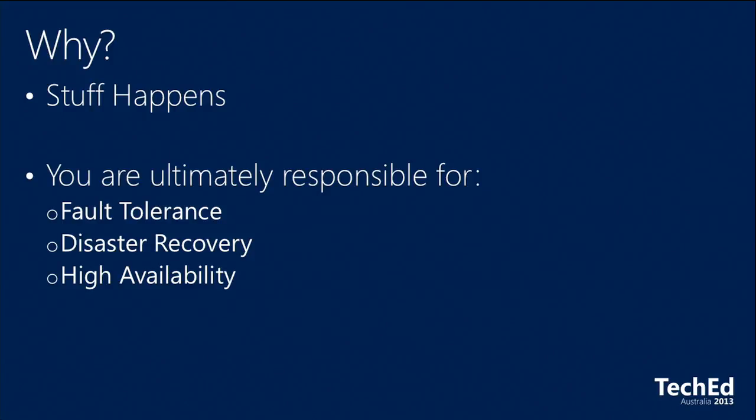And then availability is obviously a measure of how available your solution is. And this isn't just across failures, but also across scheduled maintenance. A highly available solution is essentially one that doesn't have downtime, regardless of whether it's scheduled maintenance, a small-scale failure, or a large-scale disaster.